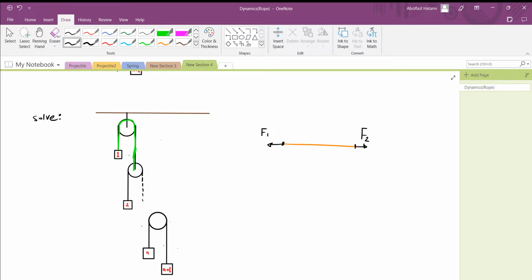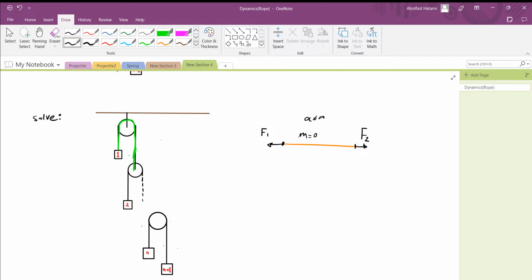What's the relation between F1 and F2? We also know that the mass of this rope is 0, and that the acceleration of the rope is not infinite, it's a finite value.